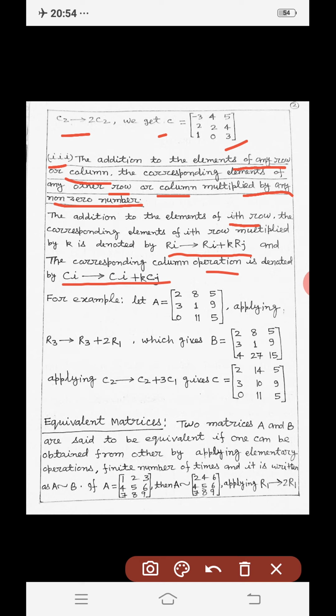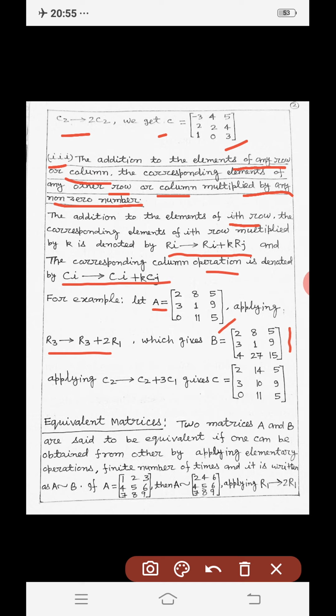For example, let matrix A be equal to 2, 8, 5, 3, 1, 9, 0, 11, 5. Applying operation R3 changes to R3 plus 2R1 to matrix A, that is, to the elements of the third row, 2 times the corresponding elements of the first row are added, which gives matrix B equal to 2, 8, 5, 3, 1, 9, 4, 27, 15.